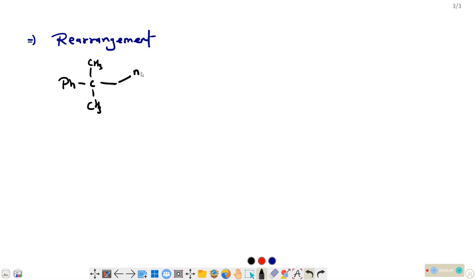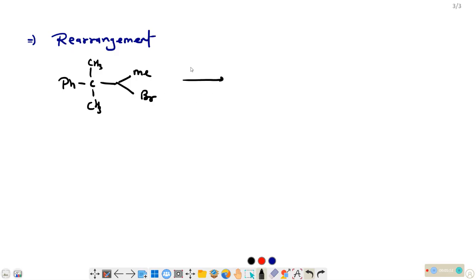As we can see the formation of carbocation here, it will also form a rearrangement product. Rearrangement is also possible here. We can understand by taking an example. CH3, CH3, then any methyl we can put here, then halide.